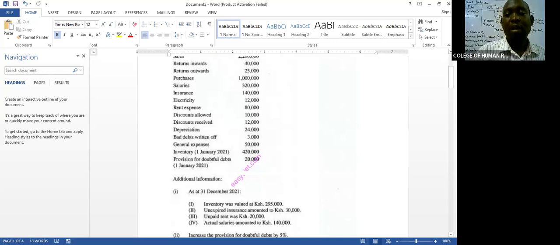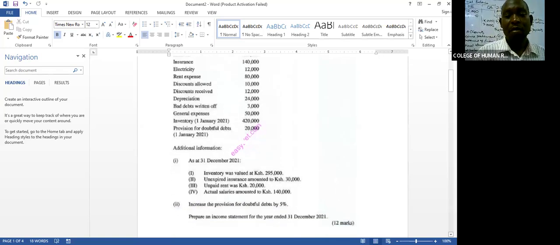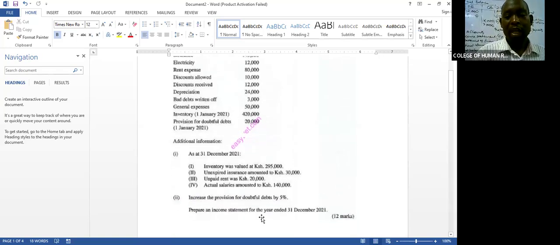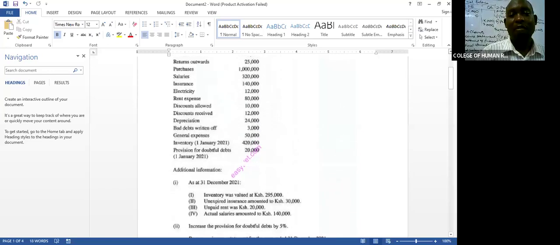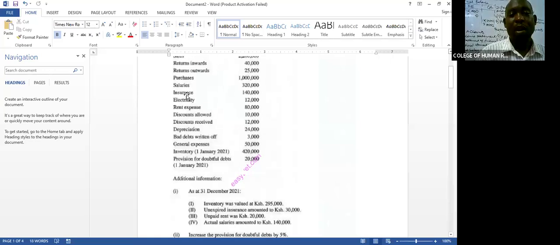So how do you deal with that? Remember the question was saying, prepare an income statement for the year ended. So you are told that unexpired insurance was 30,000. If you go to the balances extracted here, there is an insurance of 140,000. And this unexpired means that there is a prepayment.